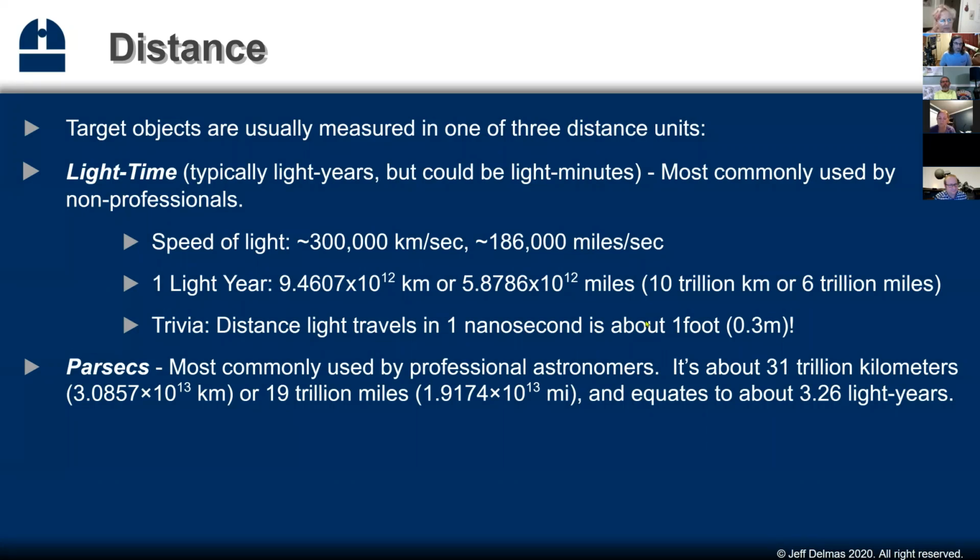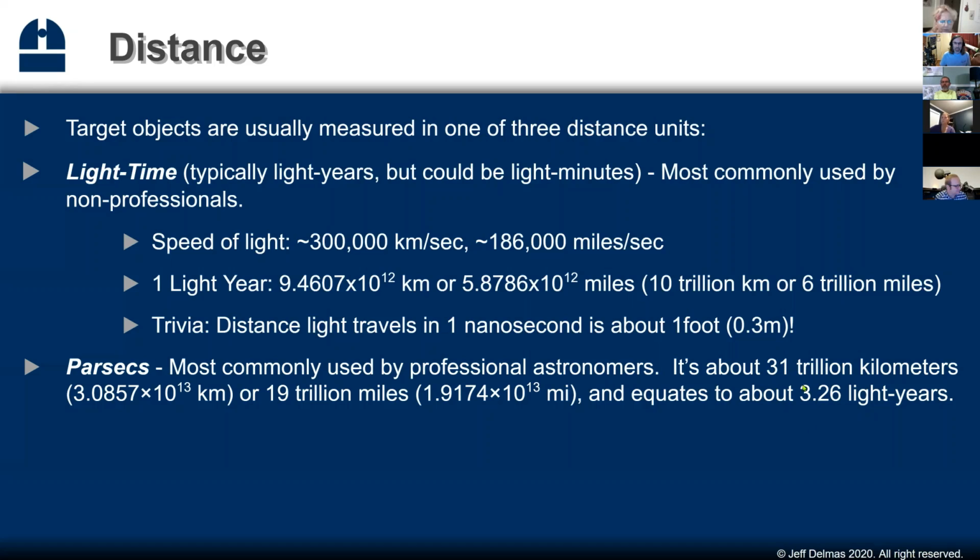Now, the second type of distance unit is the parsec. And really that is the most commonly used distance for professionals dealing with stellar distances. And it's about 31 trillion kilometers. It's about 3¼ light years.